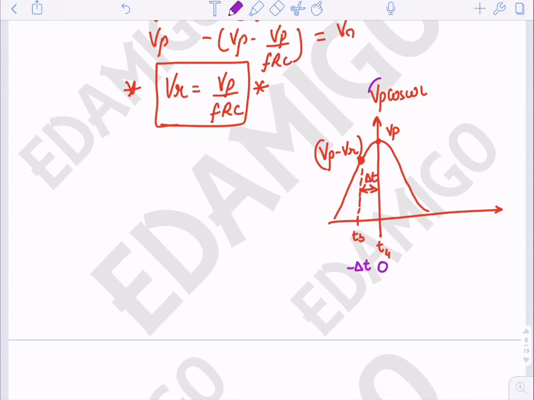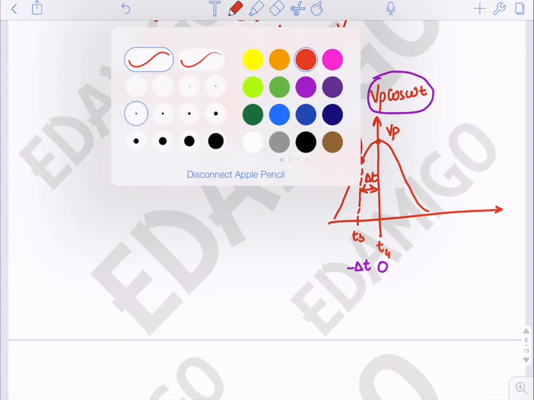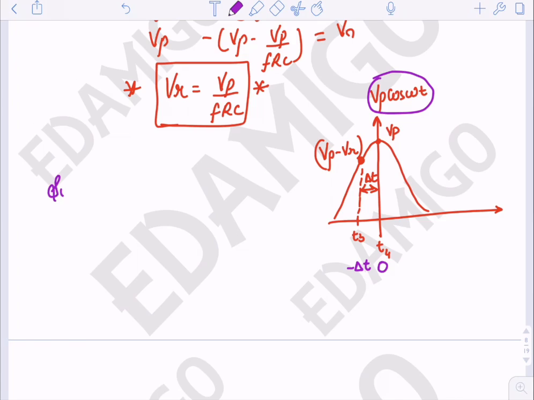Since the input is Vp cos omega t, the input curve equation is Vp cos omega t.